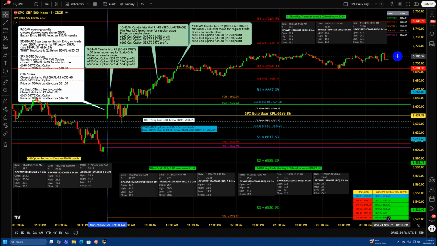And then we also have another index indicator for trading index options, and that is our NDX daily key levels indicator, and that is for trading index options on the NASDAQ index. So there's a lot of money to be made in that. The NASDAQ, of course, trades at a lot higher price than the SPX, so those options are a lot more expensive, but you also get a lot bigger moves with those options as well.